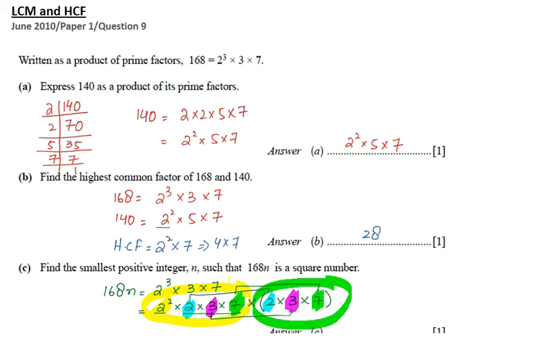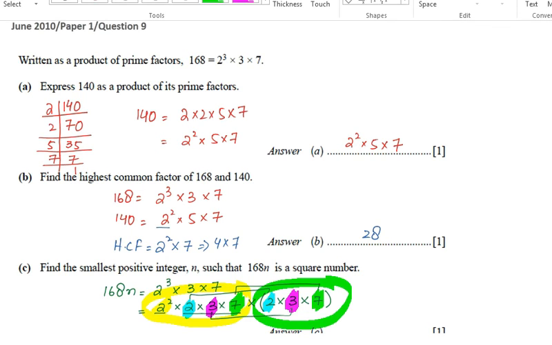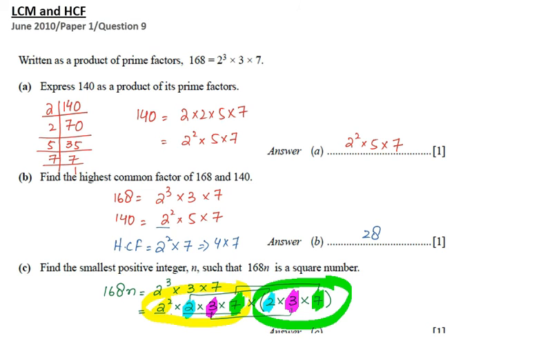So if we multiply 168 by 42, it will become a square number. These are the factors of 168, and what we have multiplied is 2 into 3 into 7, which is 42. So 168n is 168 multiplied by 42, which means the value of n is 42.